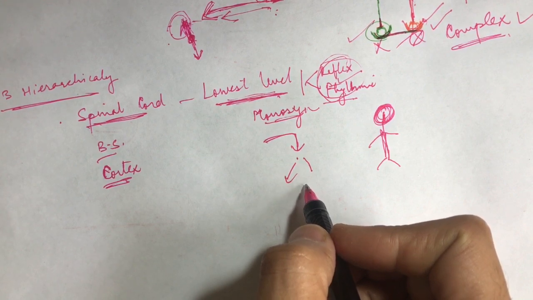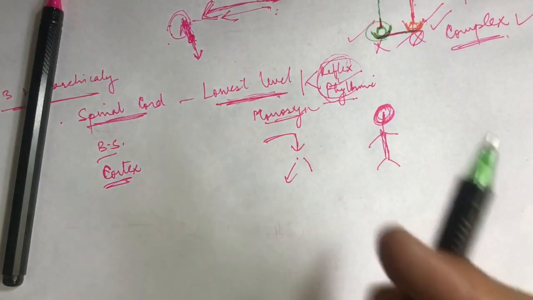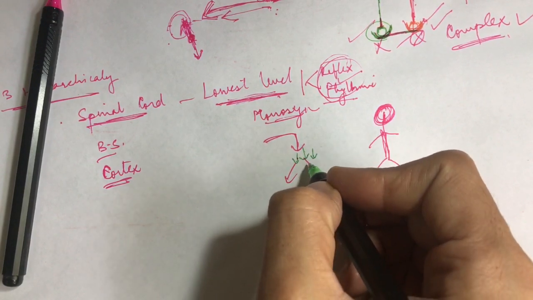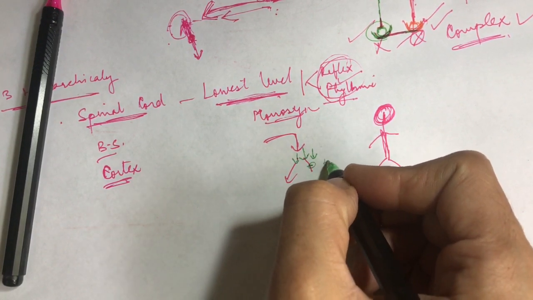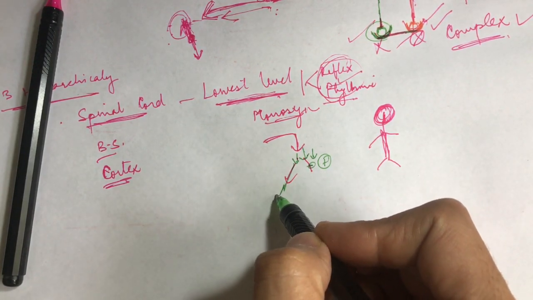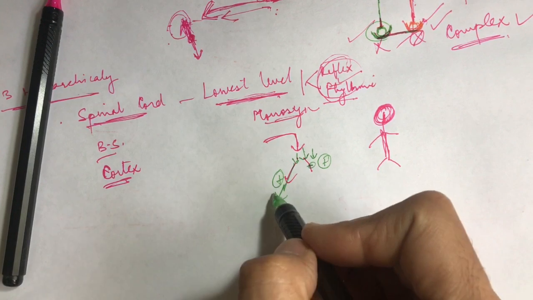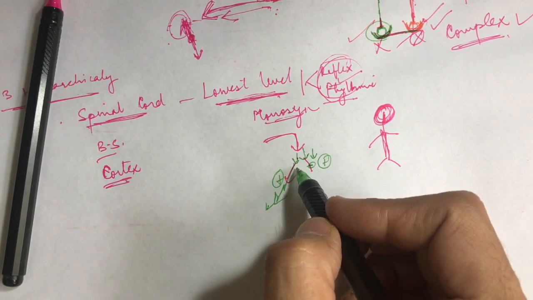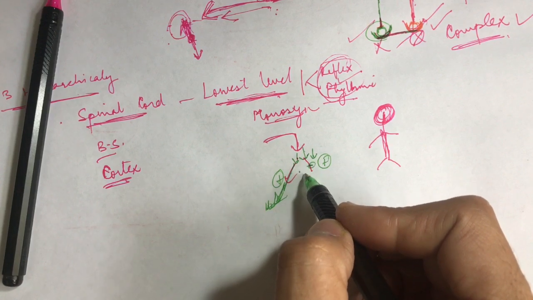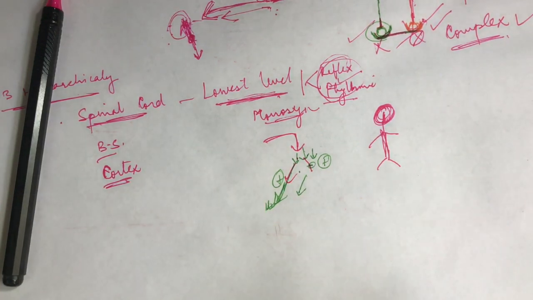In the polysynaptic reflex, one or more interneurons were there. A few interneurons were inhibitory and a few were excitatory. Like for any flexion, there will be excitation of the ipsilateral agonist muscle, and then through the inhibitory interneuron there will be relaxation of the antagonist muscle, right? That was for the lowest level.